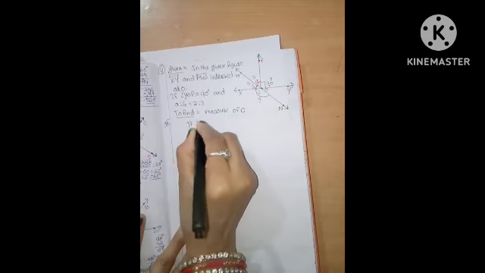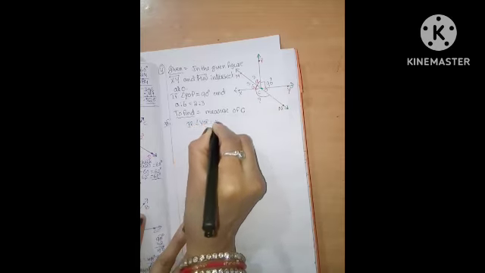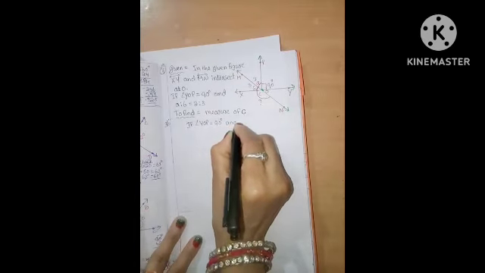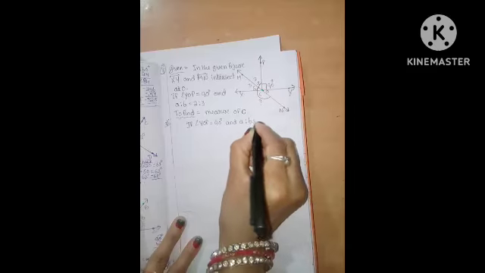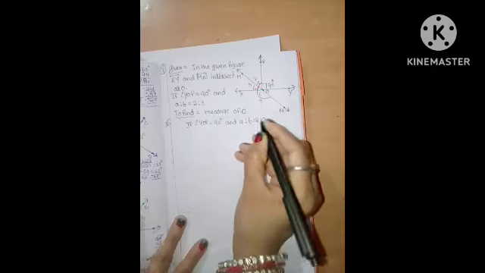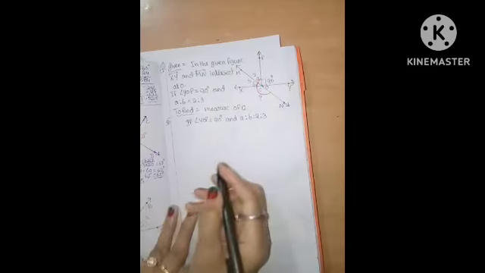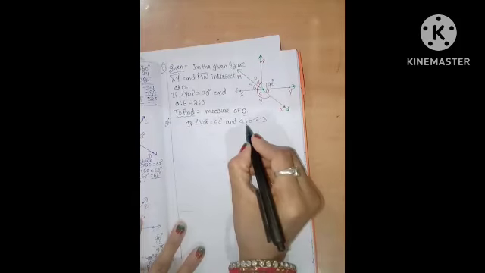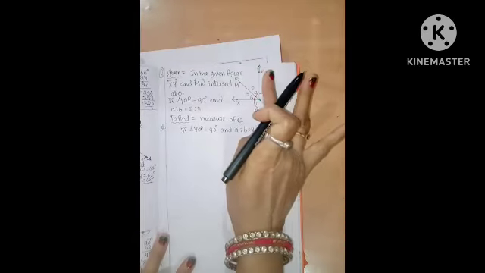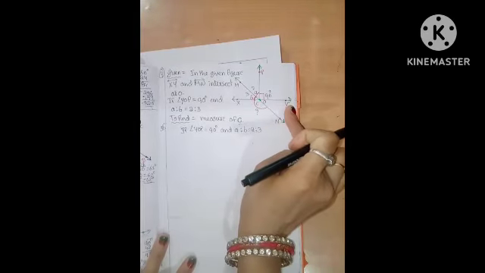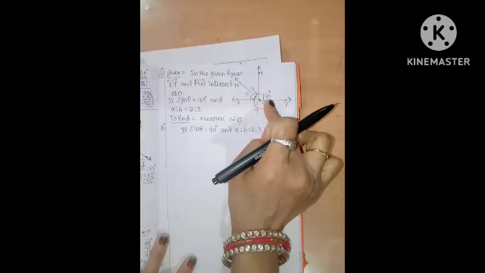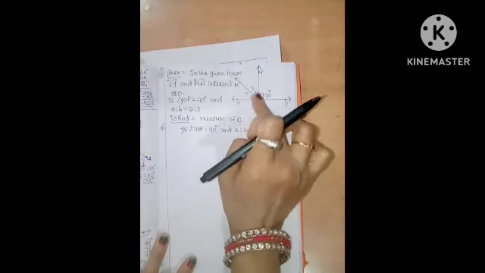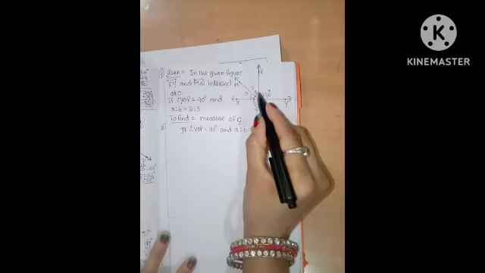If angle YOP equals 90 degrees and the ratio A is to B equals 2:3 are given, how to find angle C? Here this is angle POY, equal to 90 degrees, so POX is also 90 degrees.